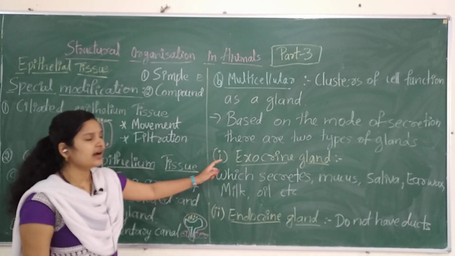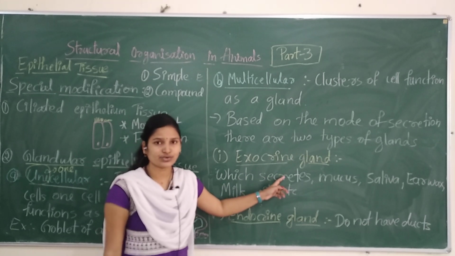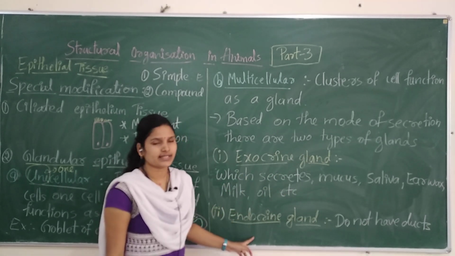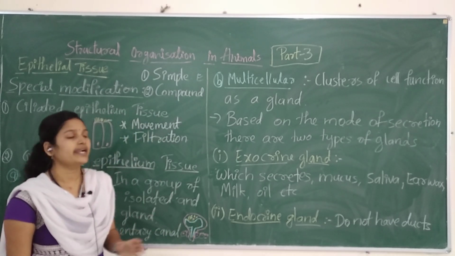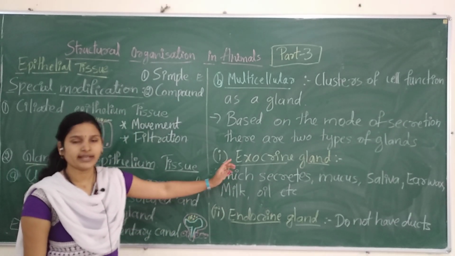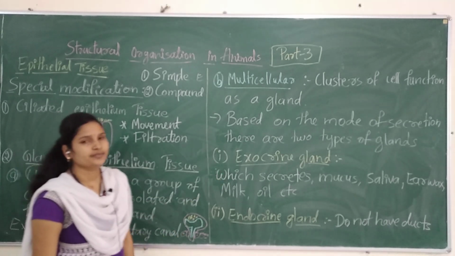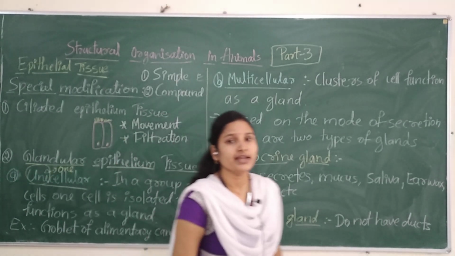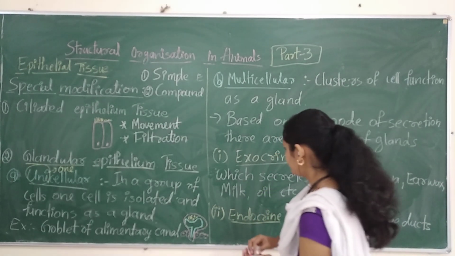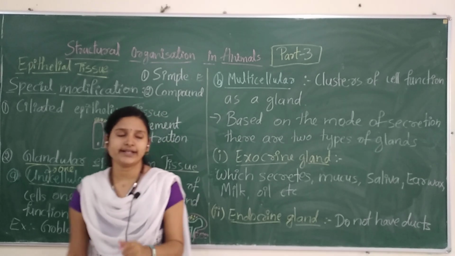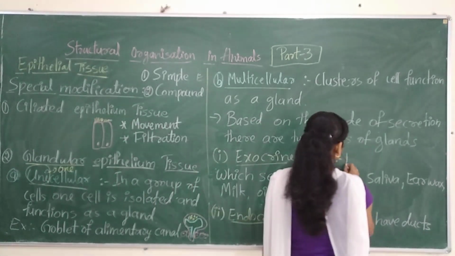Based on that again there are two types: first one is exocrine gland and the second one is endocrine gland. So we will study what it is. Exocrine and endocrine. Exo means outside. These have specific ducts. Please listen carefully. Exocrine glands have ducts.